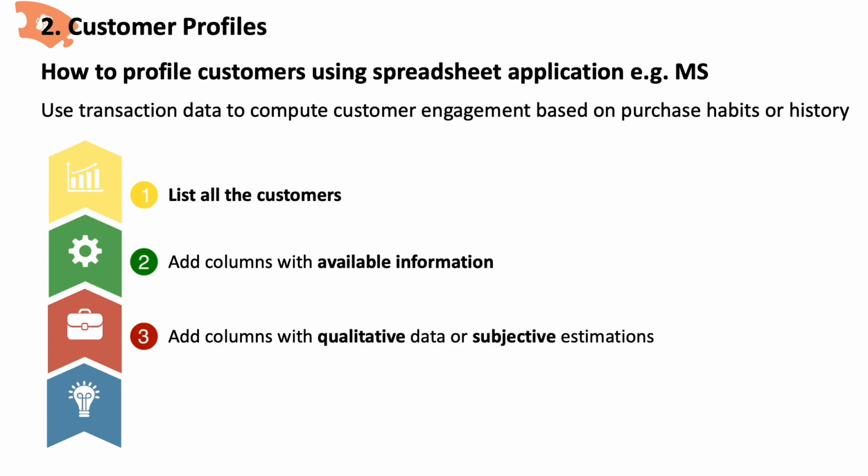Then add other columns that can be subjective estimations or nuances picked up from the conversation and interactions with the customers, such as age, marital status, education level, location or residence, profession, etc. For customers who buy multiple items, include the top preference or goals for interacting with a business.